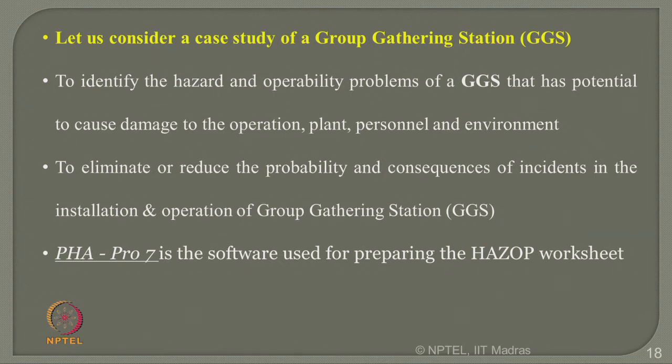The objective is also to eliminate or reduce the probability and consequences of incidents in the installation and operation of the group gathering station. In this specific example, we have used PHA Pro 7, which is one of the popular software packages used for writing HAZOP worksheets.